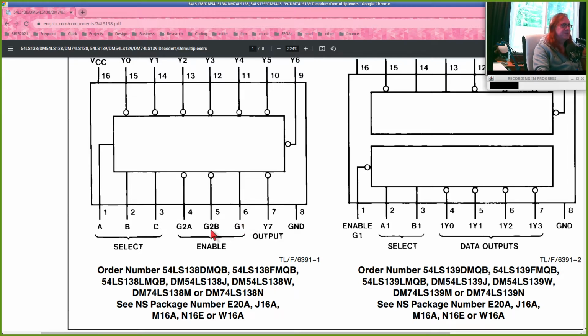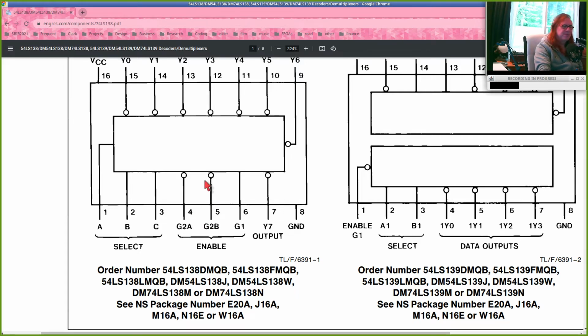But to enable the device, G2B and G2A need to be on, but there's these little circles here. So the way we think of this is whatever value we put here is going to get inverted. Well, to enable the device, we need to set the enable line to a 1. Since these are inverted, we need to set these inputs to a 0. And so it's a little bit of a weird notation.